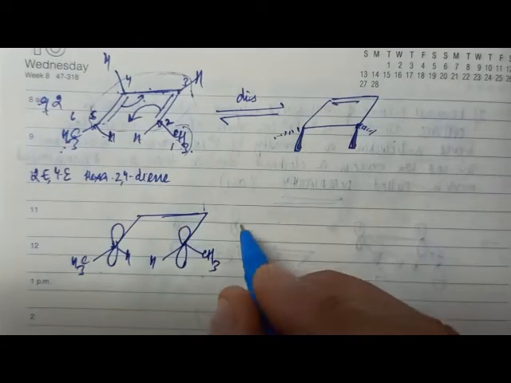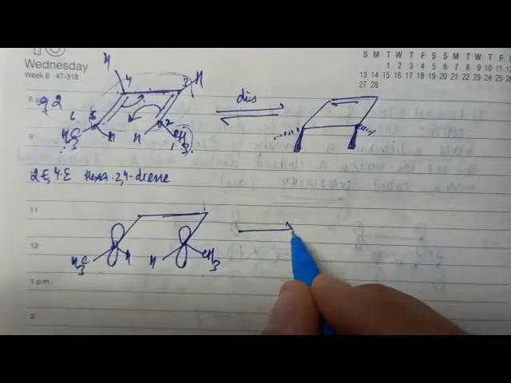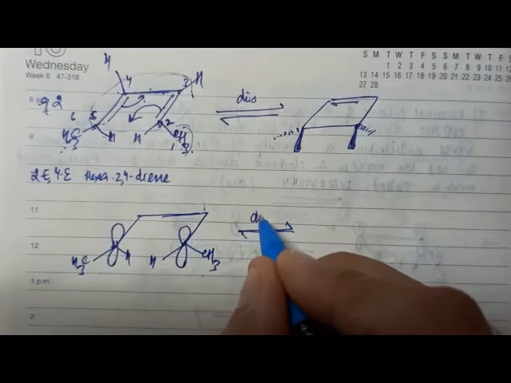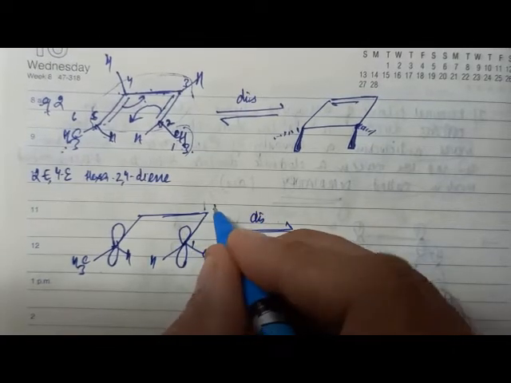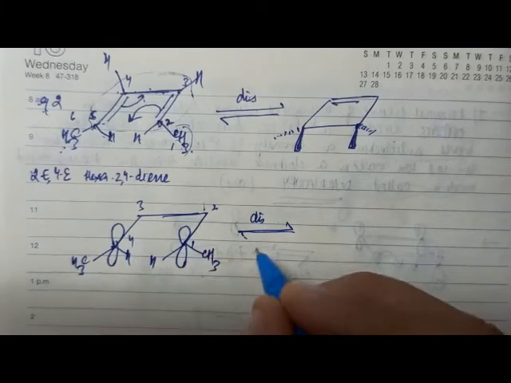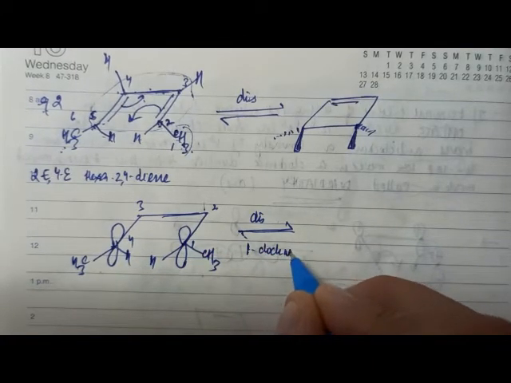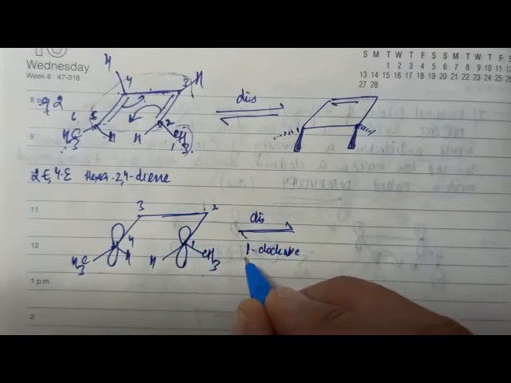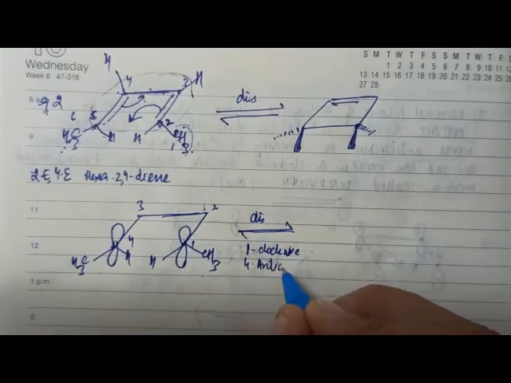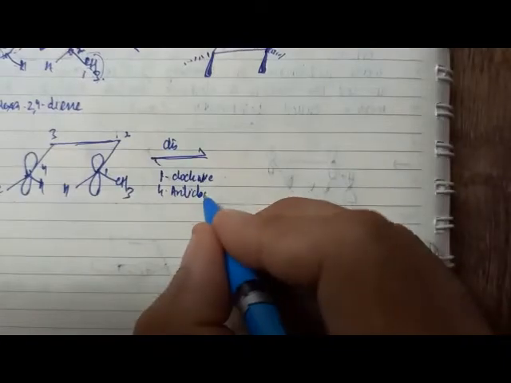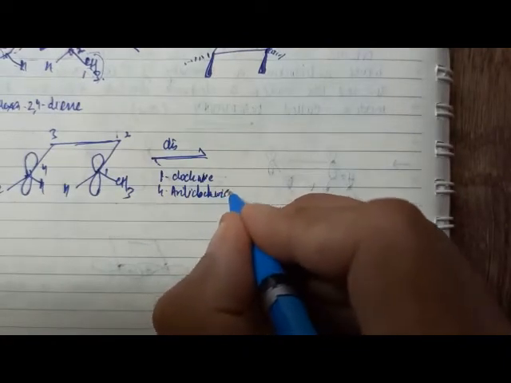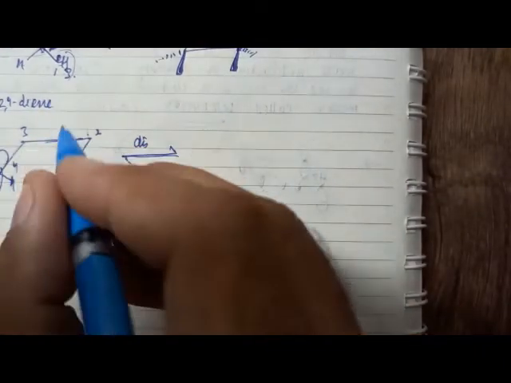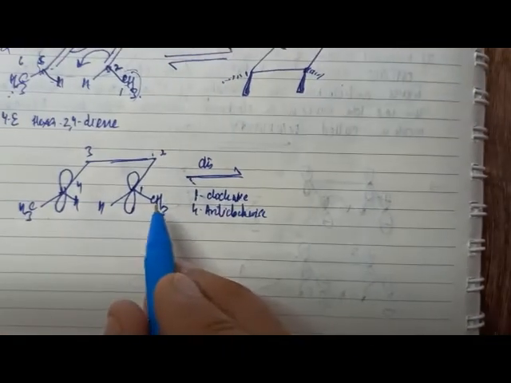I'm not drawing it. Let's say the first disrotatory mode is when lobe 1, the first lobe, moves in a clockwise fashion, and since it is disrotatory, with the first moving clockwise, the fourth has to move in an anti-clockwise fashion, right?